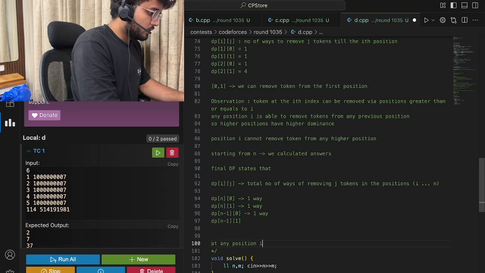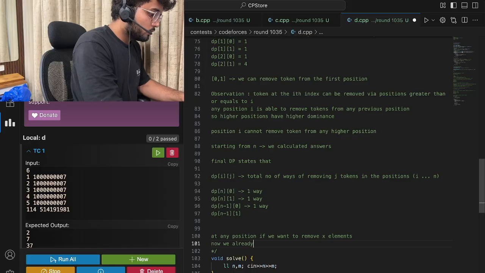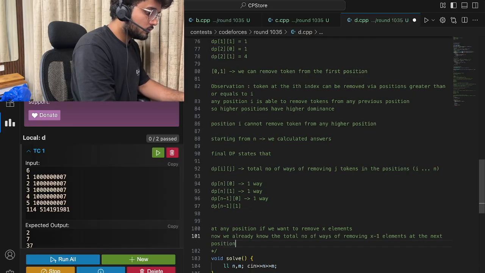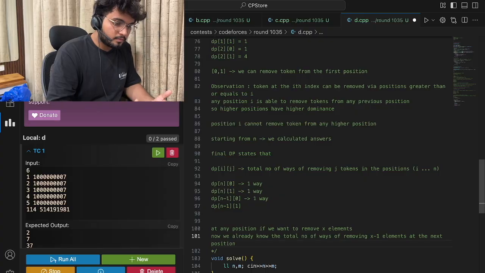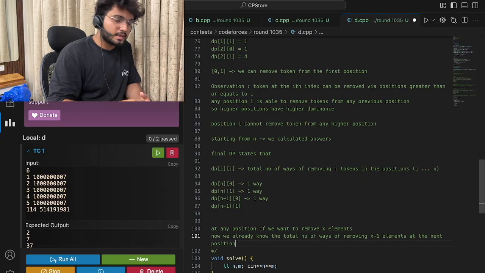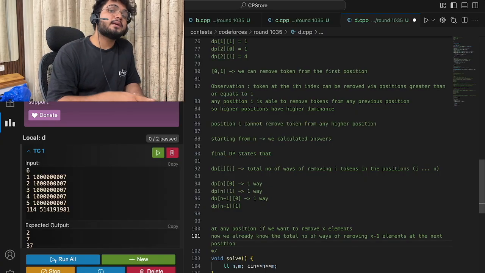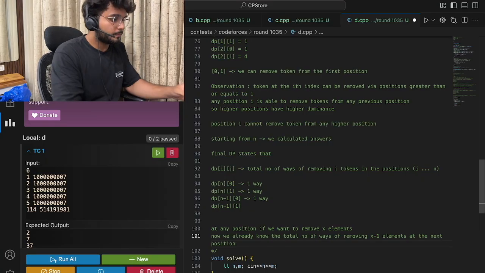At any position, if we want to remove x elements, we already know the total number of ways of removing x minus 1 elements at the next position, right? If we are currently at the fifth position, we are coming from backwards, so we already know what happened at the sixth position.